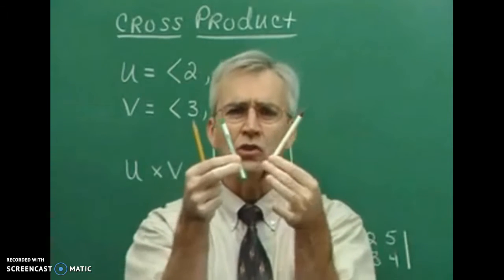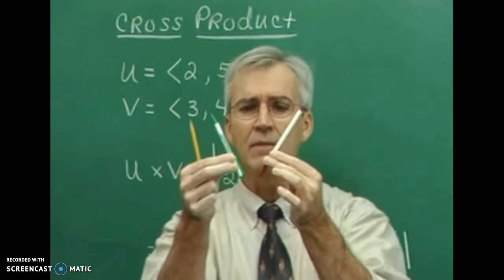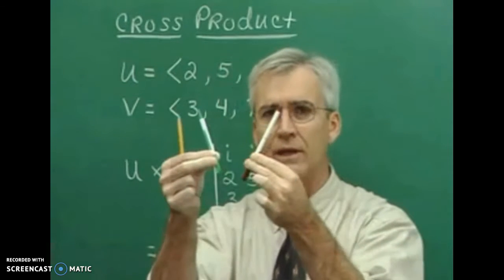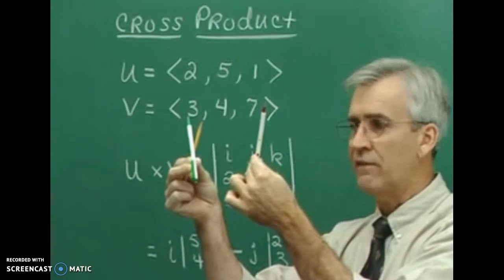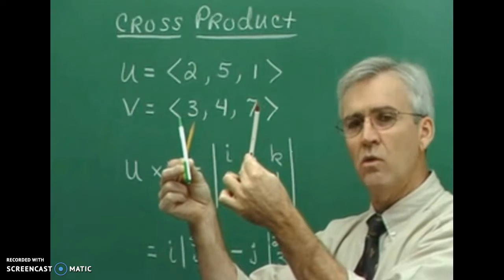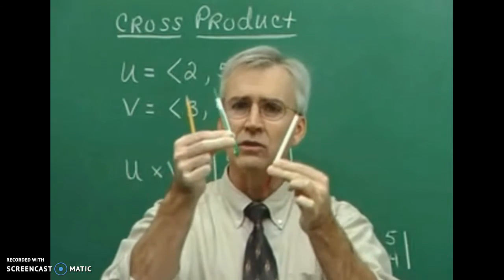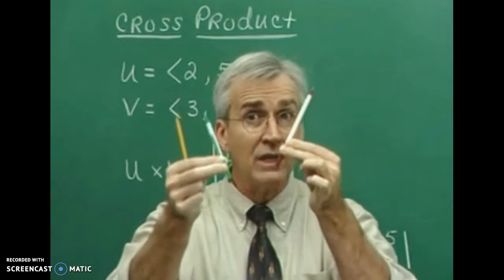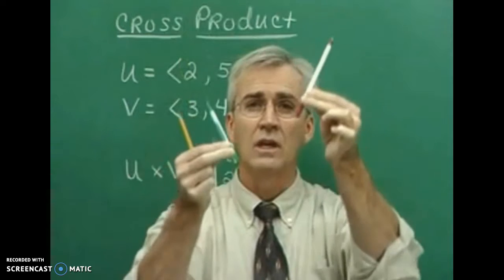Now, if I take the direction of these two, and I configure them like this, and let me twist my entire coordinate plane a little bit and show you what I'm doing. You see, these are kind of off kilter from one another. But when I'm talking about vectors, I can move vectors around. As long as I don't change the direction of these vectors, I can move them like this and so forth.